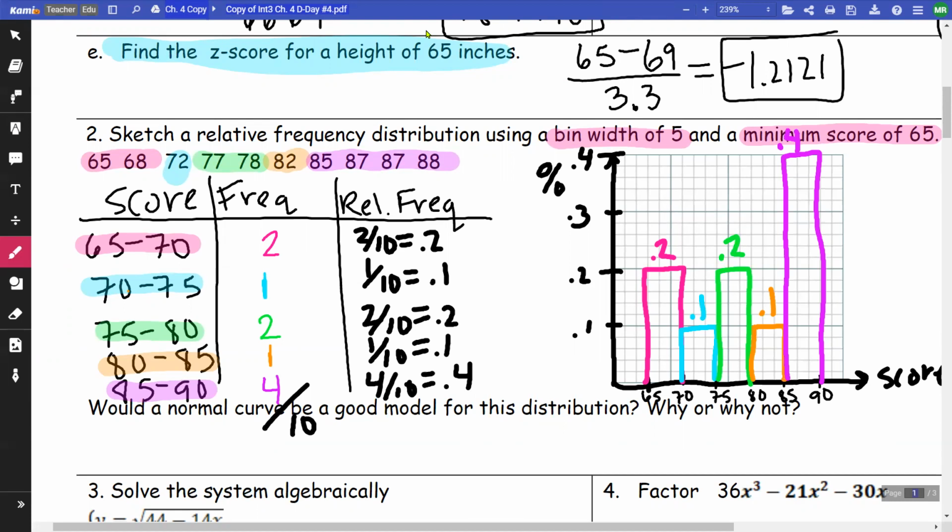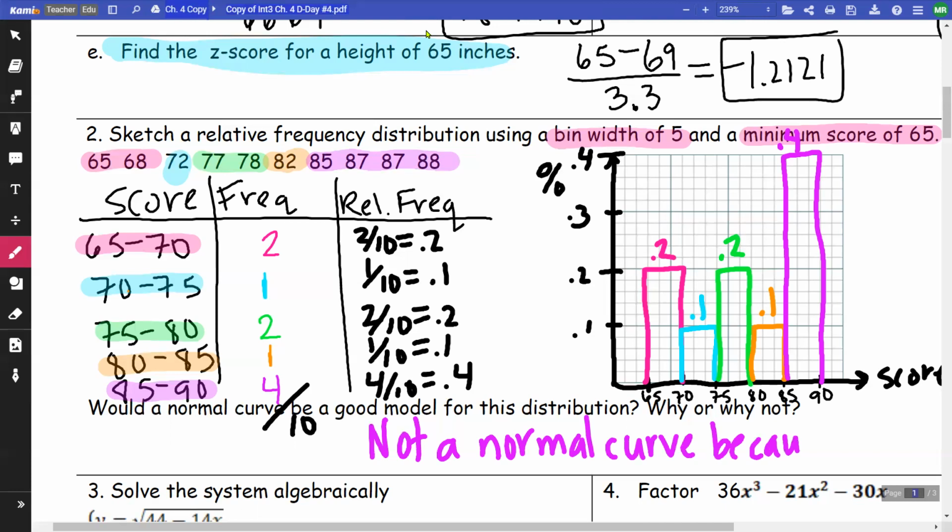But this does not. So not a normal curve, because the highest bar is not in the middle.